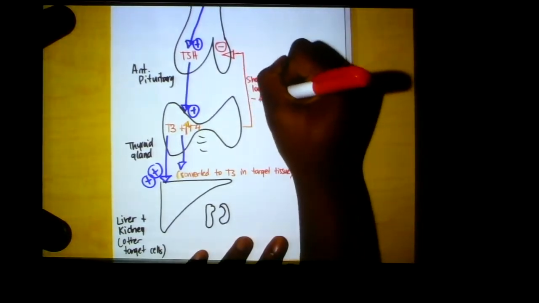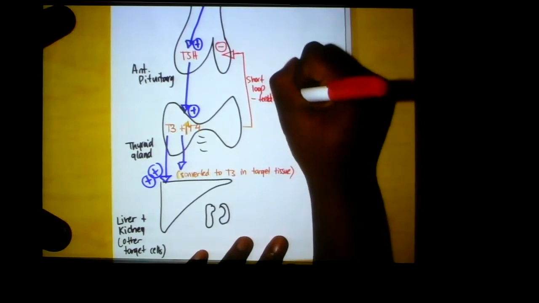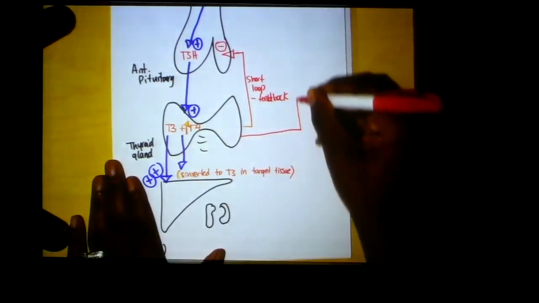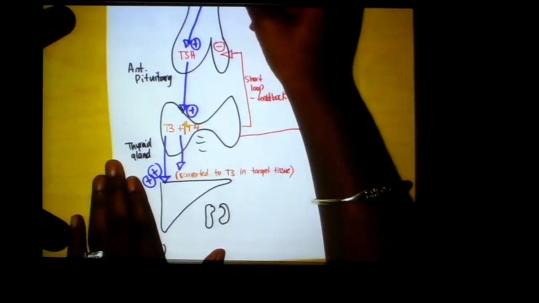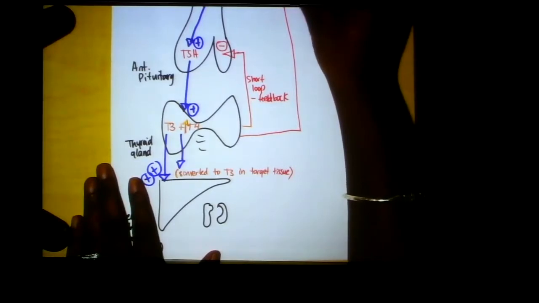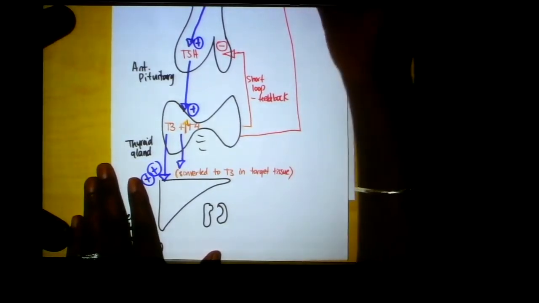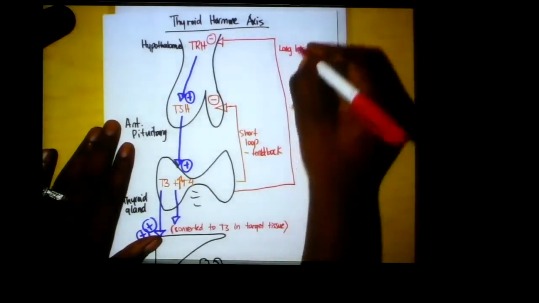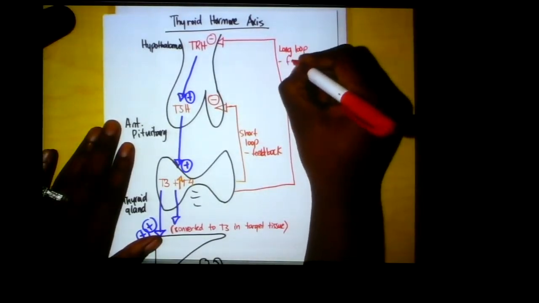Or we can feed back directly onto the hypothalamus, and this would be a long loop negative feedback.